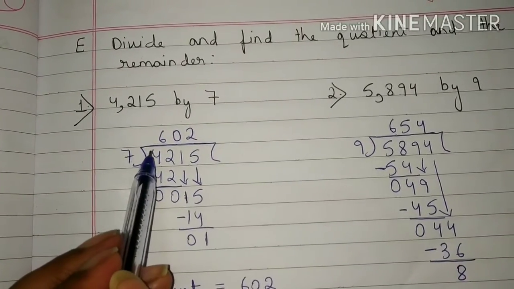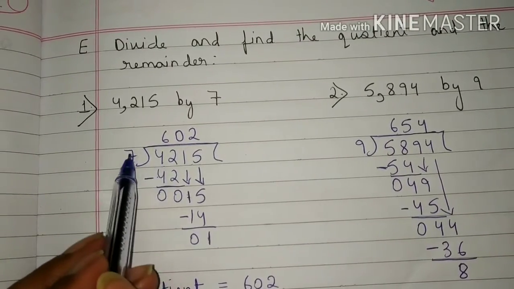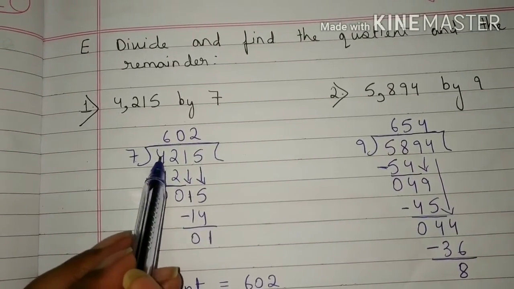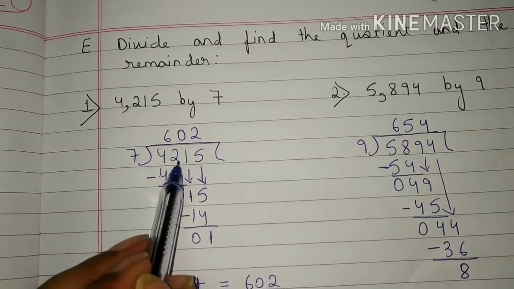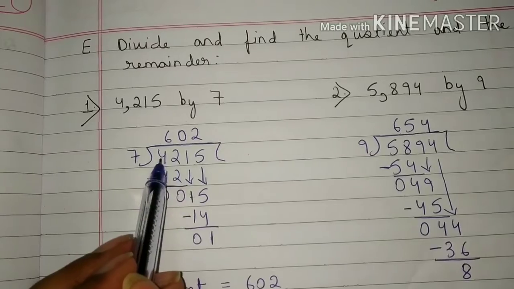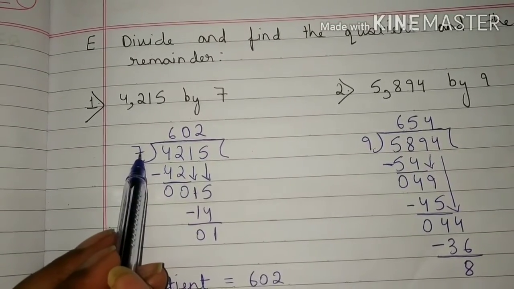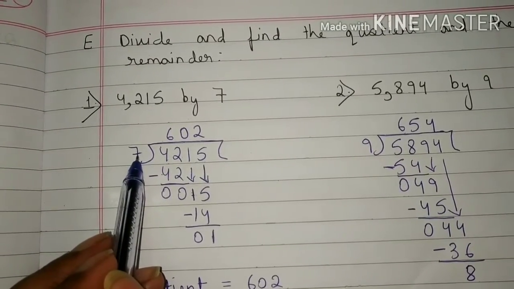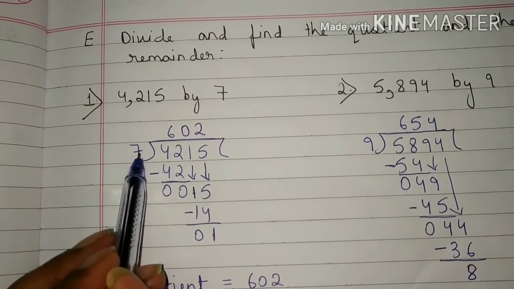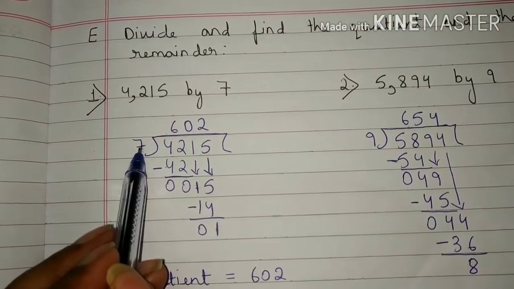Students, here first digit is 4. 4 is less than 7. So we will consider next digit, that is 2. Now number becomes 42. Now we will read the table of 7. 7 1 is 7, 7 2 is 14, 7 3 is 21, 7 4 is 28, 7 5 is 35, 7 6 is 42.